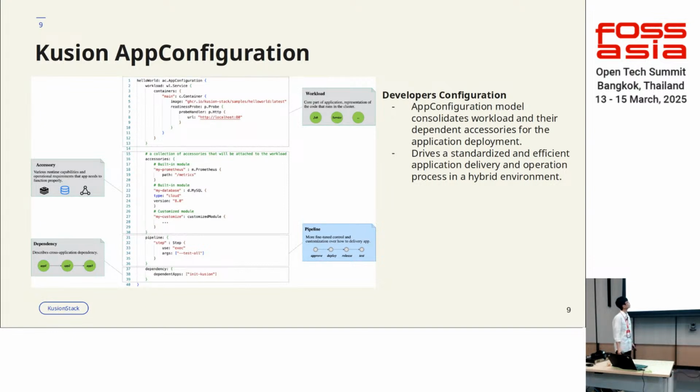It also incorporates pipeline and operational necessities into a singular, standardized, and infrastructure-independent declarative specification, say like the pipeline block and the dependency block. This specification clearly reflects the user's intent regarding the application, facilitating a streamlined and efficient process for both application delivery and operation with a hybrid environment.